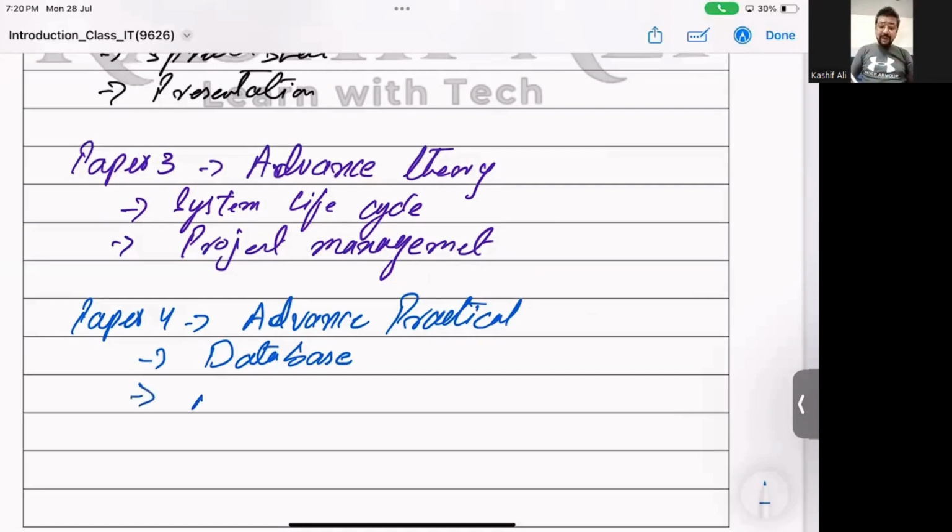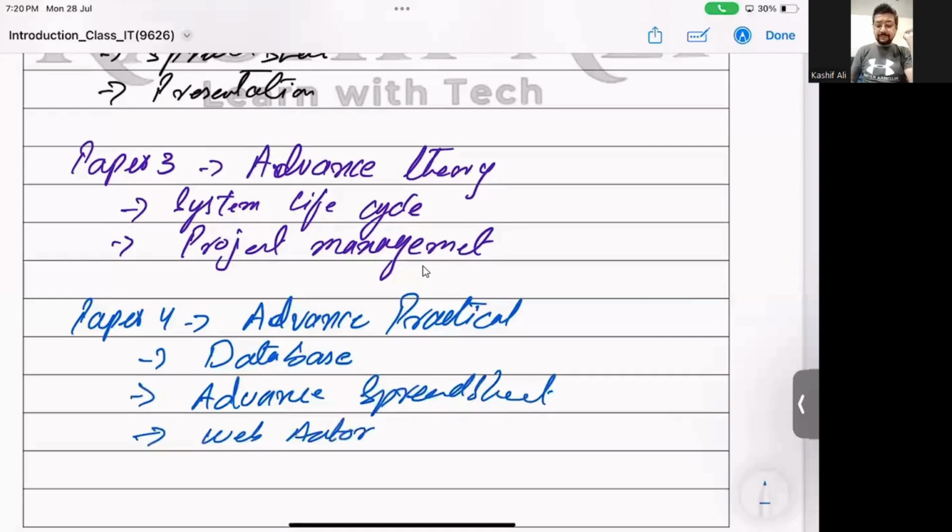Second, advanced spreadsheet. As I mentioned, complex problems. Whenever we talk about complex problems, then we have to work with these things. Then we have to go for web automation. Web automation is playing a very important role as well.